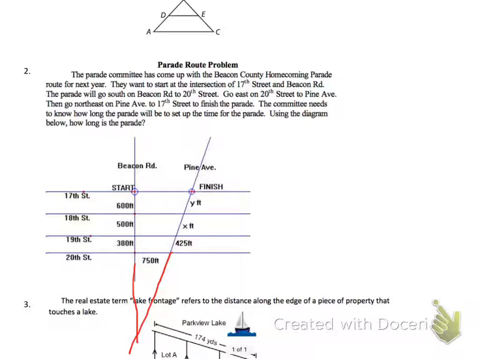And that 750 that's there, we're not using it for calculations until the very end. All right, so tell me, if it's side splitter, we're using proportions. We use proportions for everything except mid-segment. So tell me a proportion that I can use to help solve for some unknowns.